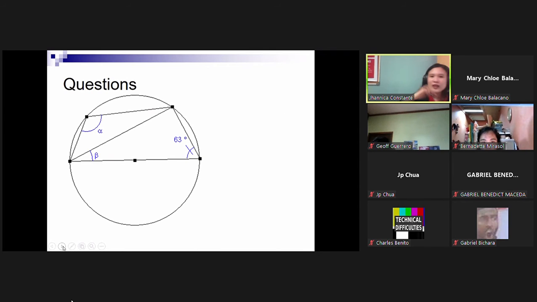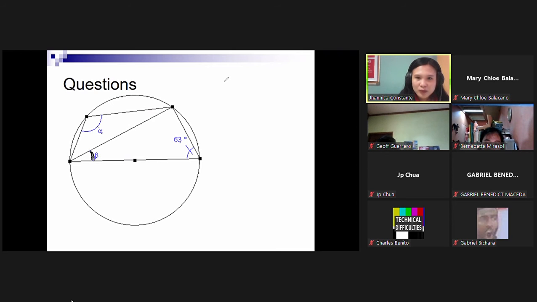So for example, we have this circle. It has a measurement of 60 degrees, and we're going to solve for the measurement of angle A and angle B. Applying the property of a cyclic quadrilateral, 63, once we add it to angle A, will be equal to 180 degrees.